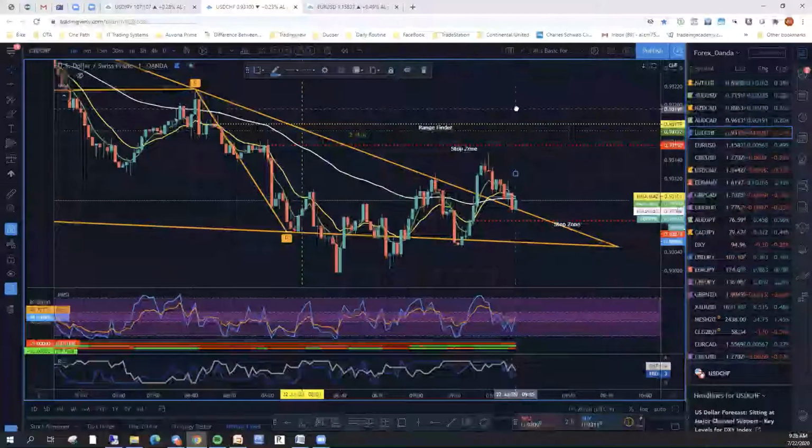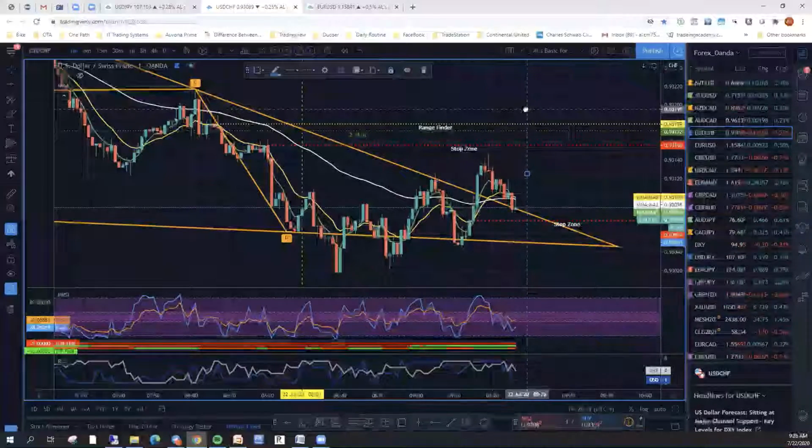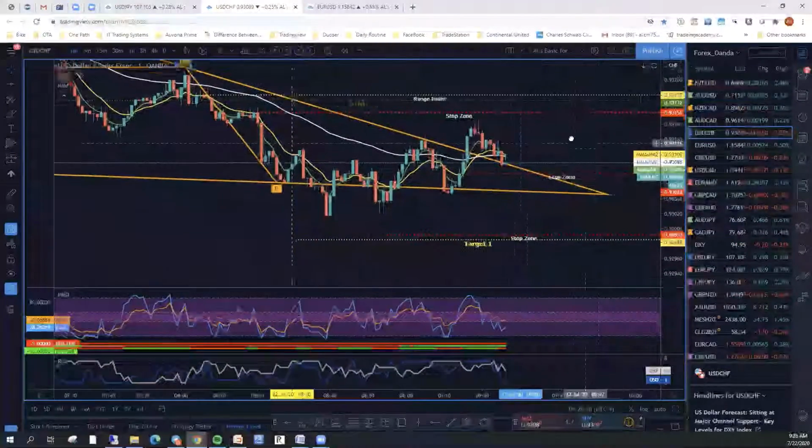Let's see where the next 5 minute candle closes. Right, it's at 9:30. We're getting pretty close to the open of the U.S. market, and we could get a significant move just before or just after that happens.